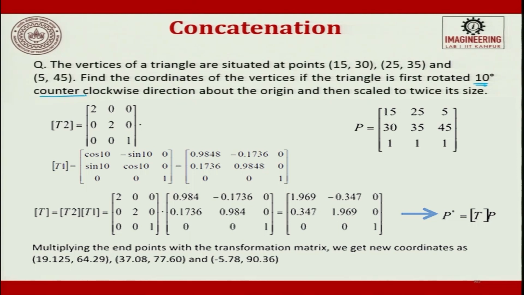If it is not given in the examination, you have to assume it as counterclockwise only. About the origin, and then scale it twice. You rotate it and then you scale it with respect to what? With respect to the coordinates or the vertices, if the triangle is rotated 10 degrees about the origin and then scaled.